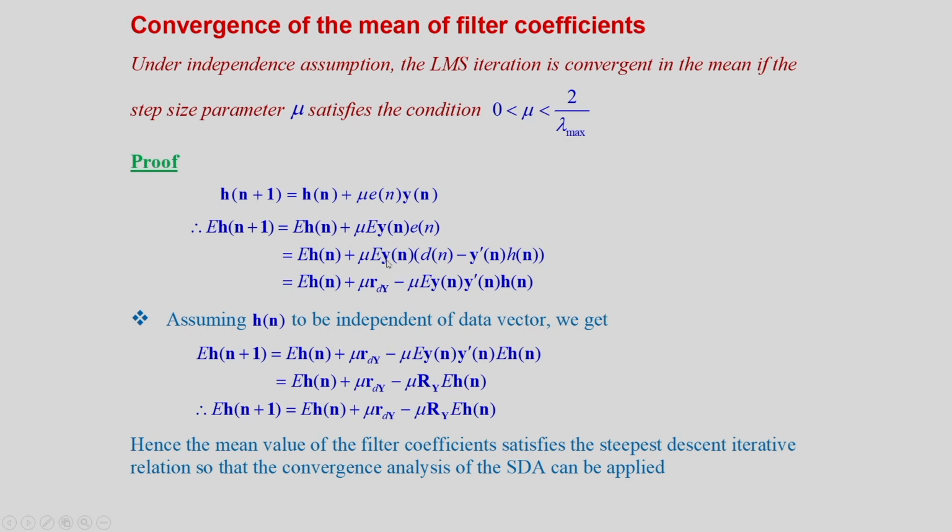Now, I can separately take the expectation here. So, the expression will be equal to E of H(n) plus this quantity will be Rdy, that is the cross correlation vector, and this part will be mu times E of y(n) into y transpose(n) into H(n).